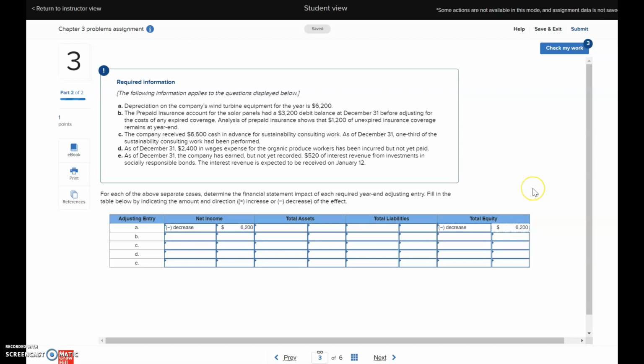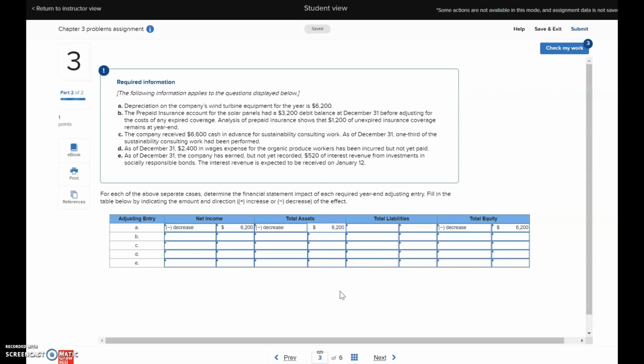And so if we think about the adjusting entry, the debit to depreciation expense affected net income and the total equity. The credit to accumulated depreciation is going to make accumulated depreciation higher, which makes the book value of our assets lower. So we're going to see our assets decreasing by $6,200. So that's the thought process.